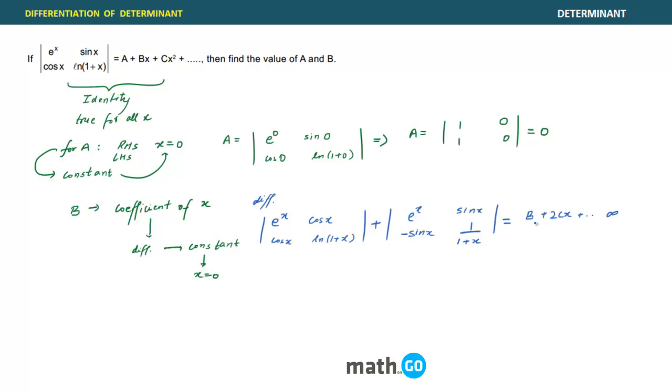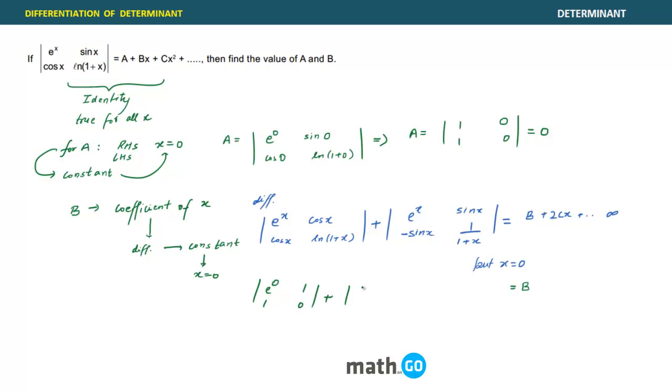Now your target is to find b. What will you do? Put x equal to 0, that's it. If you put x equal to 0, the value of the RHS will be nothing but b only. And for this side, just put x equal to 0. So this will be e raised to power 0, which is 1, cos 0 is 1, and this will be 0 again.